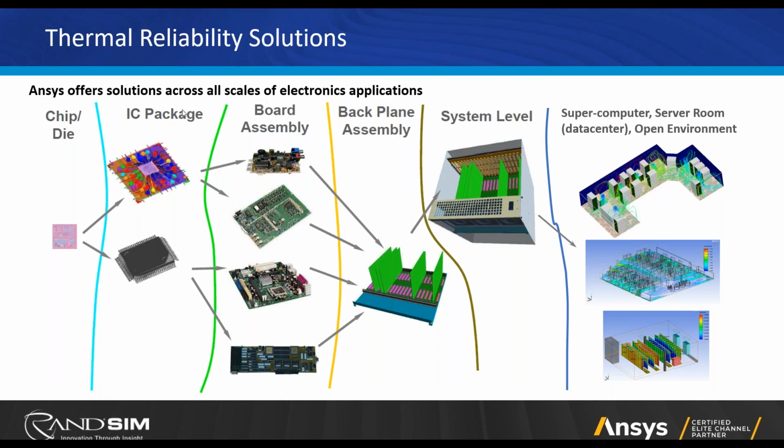In between those, we have package level, so inside of a package, laying out bond wires and thermal performance, which would be mostly conduction at that level. PCB, which is a big one, there are lots of tools here. Integrating different PCBs, integrating enclosures, and like I said, the whole room level or system level.